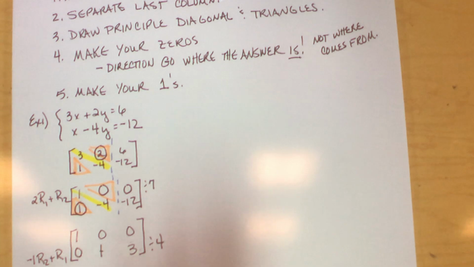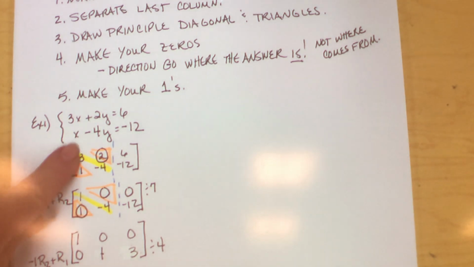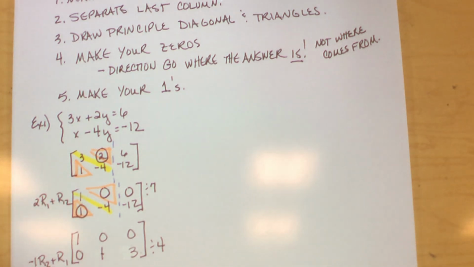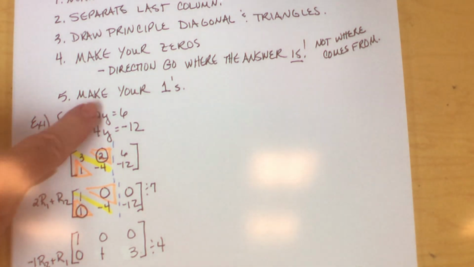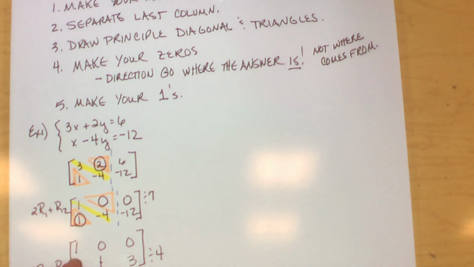Okay? So let me explain to you why it's that way. Do you understand that this first column, those are all X's? My second column, what are they? Y's. And these are just plain old numbers. So this right here, this is an equation, isn't it?